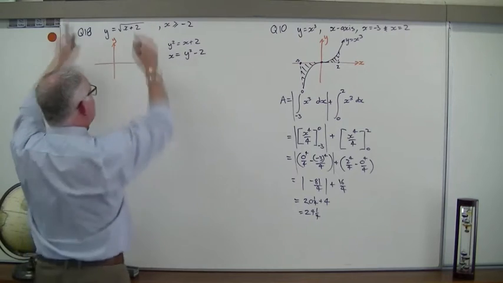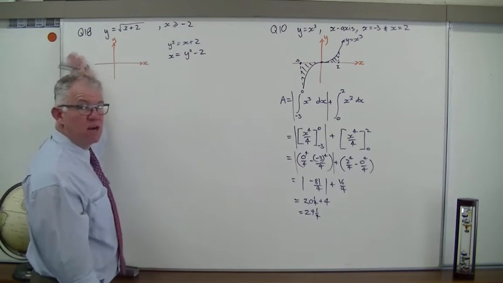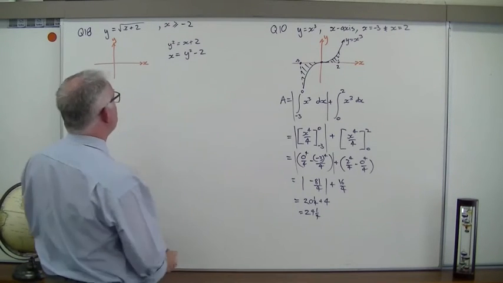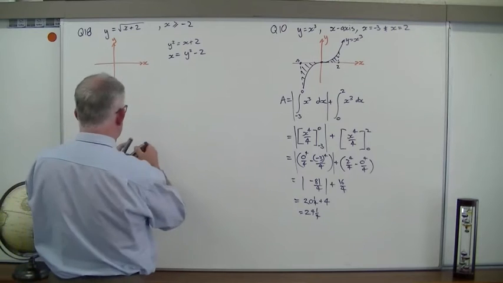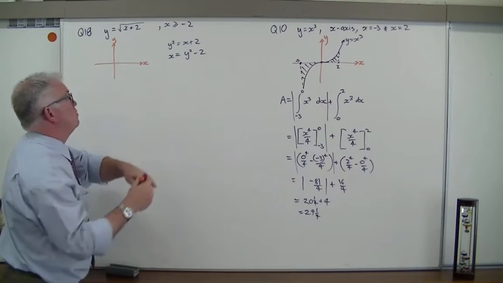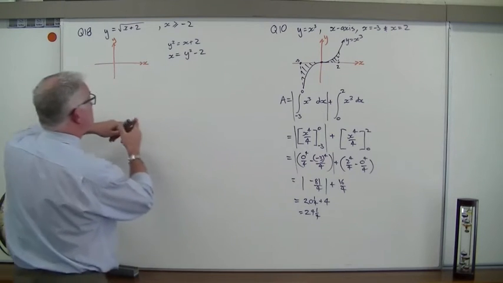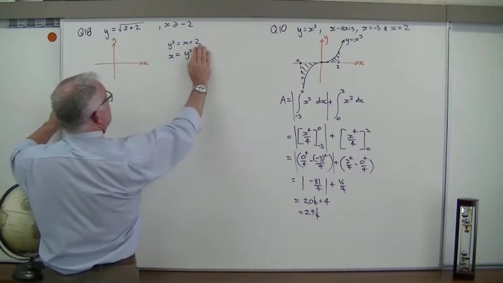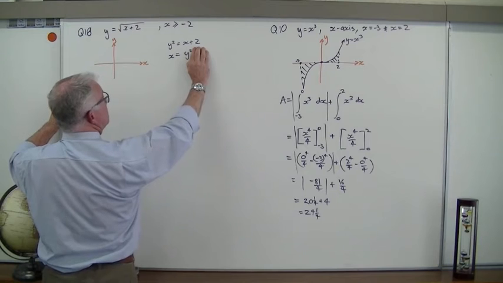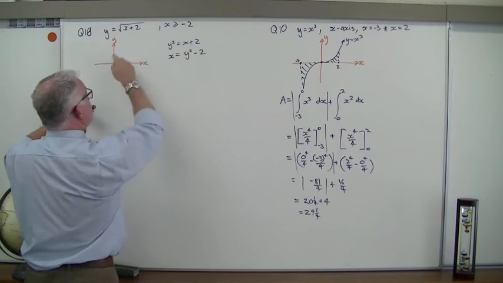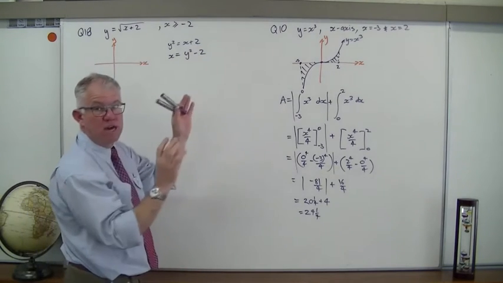Instead of being a cup that holds water, it's like the cup is tipped over and lying on its side. From our analysis of locus and the parabola, we know what that looks like. If it was just this, it would be a parabola lying on its side, concave to the right.